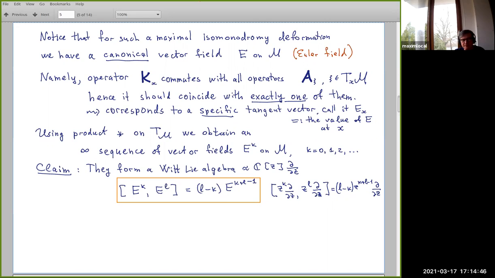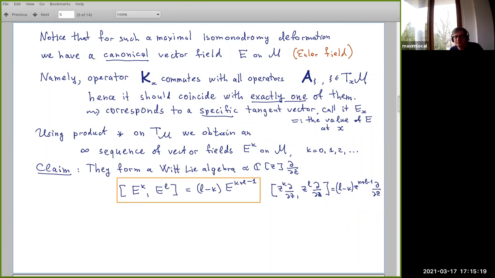You see that we have a maximal commuting family of operators A_ξ, where ξ are all tangent vectors at some point, but the operator K_x commutes with them. So in principle we can add it, but because the family is maximal, it shouldn't be possible to add this operator. So it means that K_x coincides exactly with one of these operators, by my axiomatics. So I have a specific tangent vector called E_x, and it will be the value of my Euler vector field at point x. So I define the value of the Euler vector field at any point.